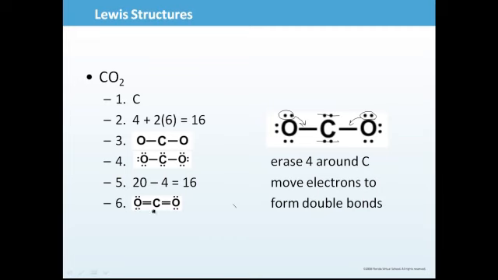A rule of thumb is if you go over like we just did in this example, then take the electrons away from the central atom and start making double and triple bonds as needed. That's how you get the structure you need with the appropriate number of total valence electrons. Now if we count our valence electrons, we've got 2, 4, 6, 8, 10, 12, 14, 16. All of our valence electrons have been accounted for.